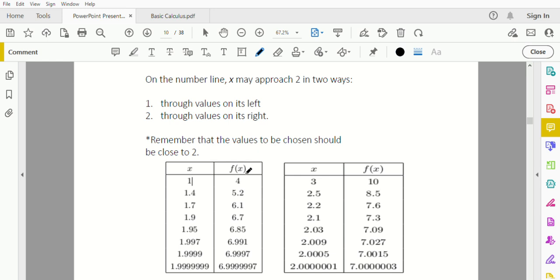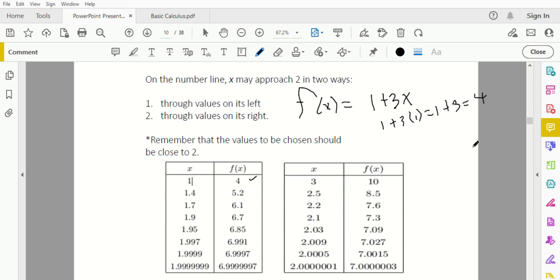Say for example, we have this. Take note, f of x is given by 1 plus 3x. So if x is equal to 1, we have 1 plus 3 times 1, so we have 1 plus 3, which is 4. That's why we have 4 here.